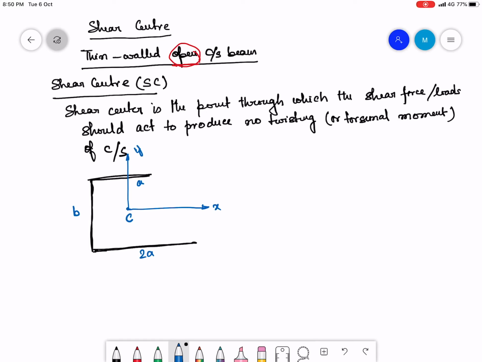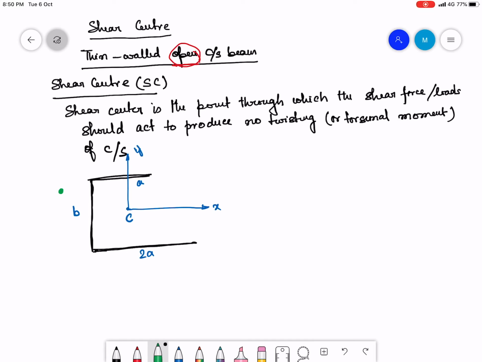So there would be a point somewhere on the plane of the cross section, that is on the xy plane, anywhere over the xy plane.